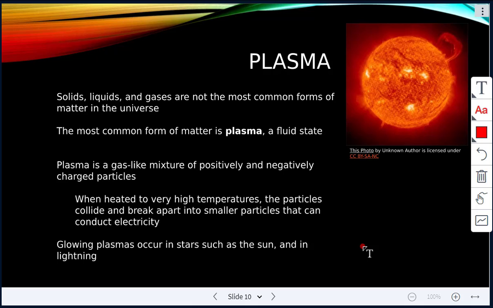It's like a gas-like mixture of positively and negatively charged particles. And then when heated to very high temperatures, the particles collide, they'll break apart into smaller particles, and then they can even start conducting electricity. All right, so for example, we see glowing plasma in stars, the sun, and in lightning.